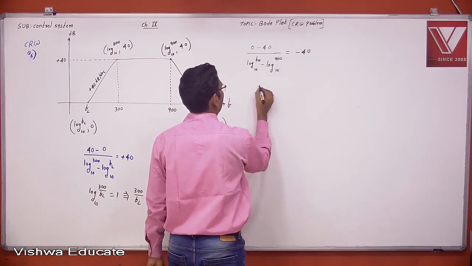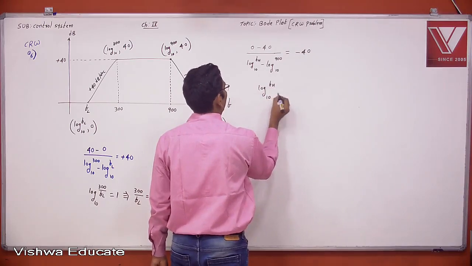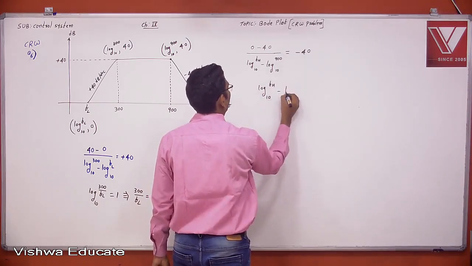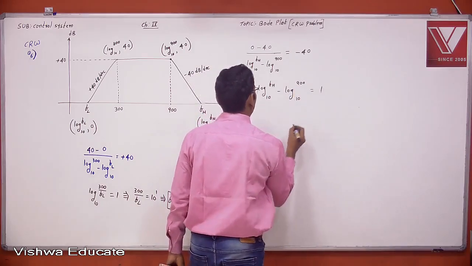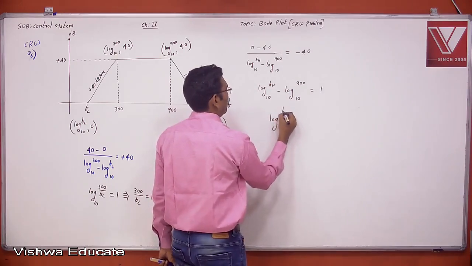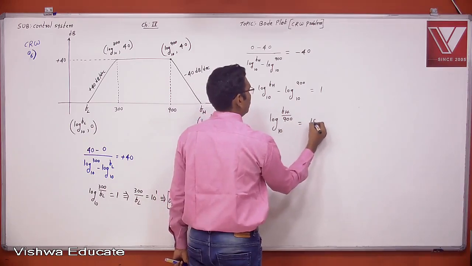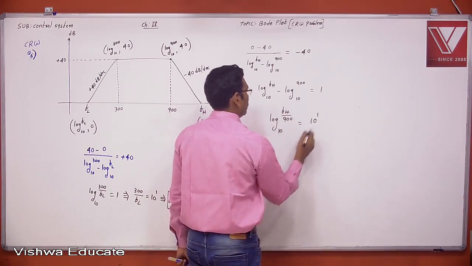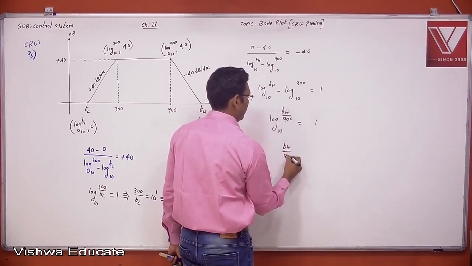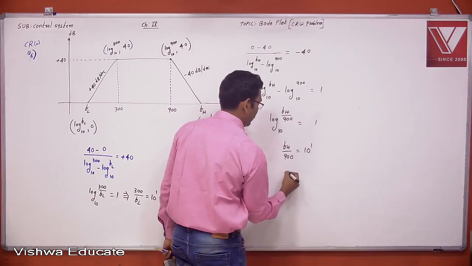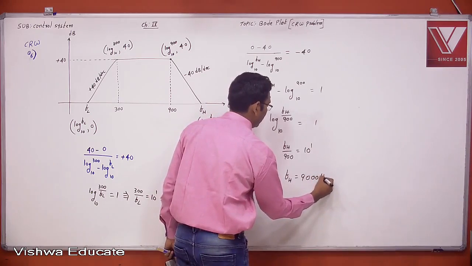Minus minus cancel, so log FH minus log 900 is equal to 1. Log FH by 900 is equal to 1, so FH by 900 is equal to 10 power 1. So FH is equal to 9000 hertz.